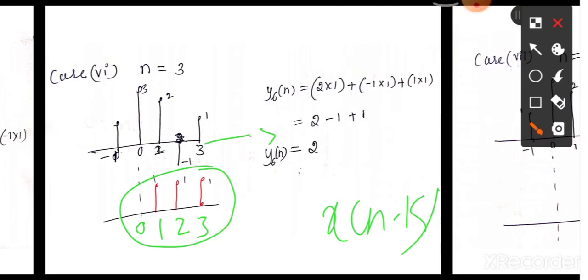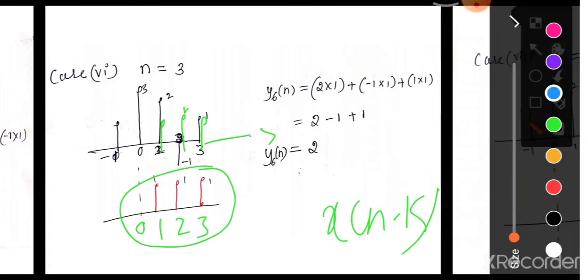So let's place its magnitude is also 1, and at 2 we have one signal which magnitude is 1, and third one is this. So these 3 signals are overlapping. First signal is this, second signal is this, third signal is this.